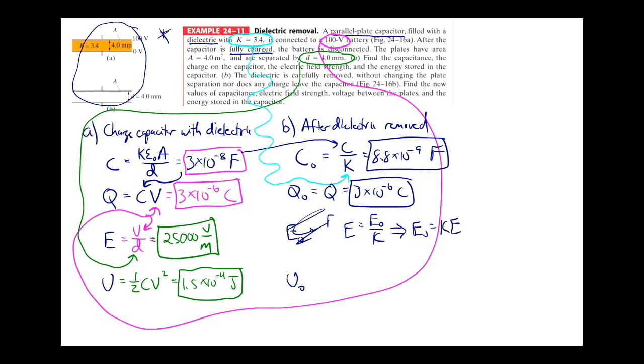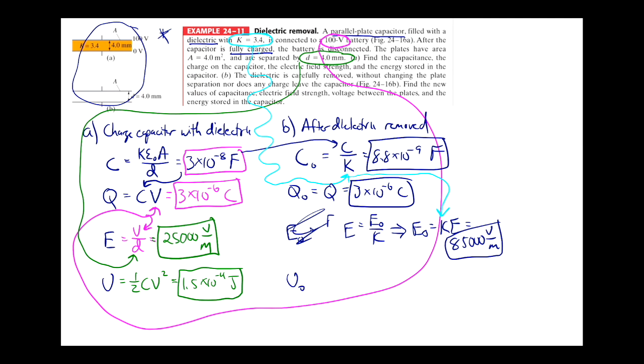E naught is KE, not kinetic energy. So let's see. K is 3.4. And E we had before is 25,000. So this electric field is larger, and you should get 85,000 volts per meter. So we have a large electric field. When the dielectric is in, the electric field is less. So that makes sense as well.